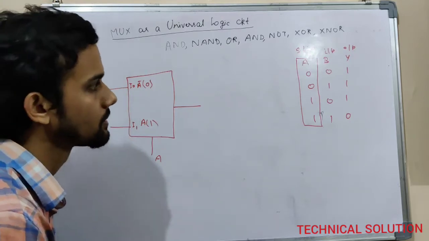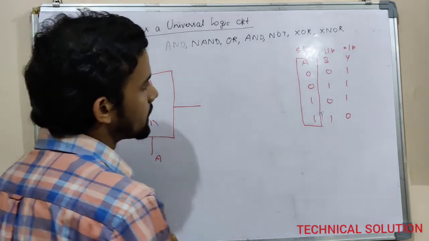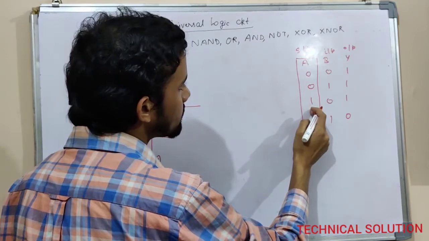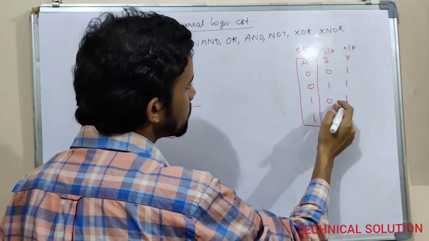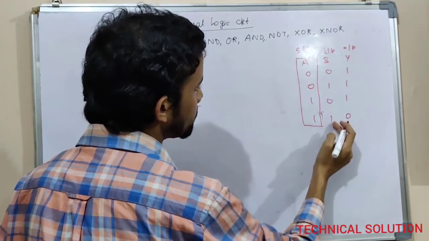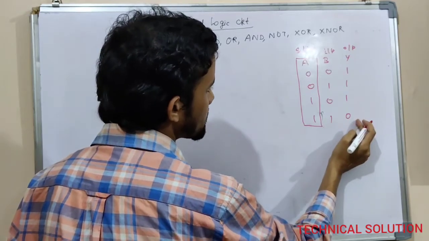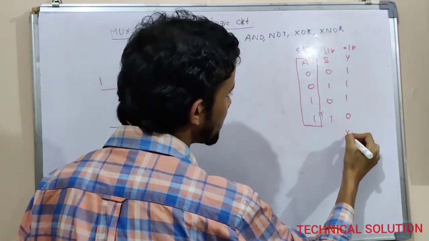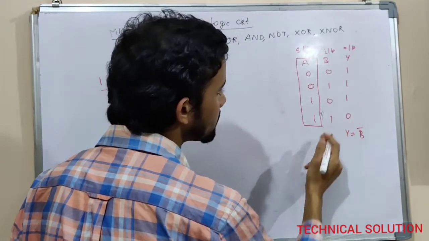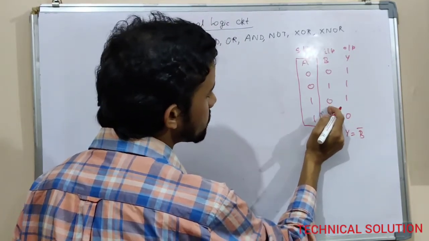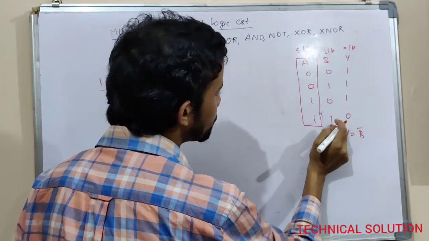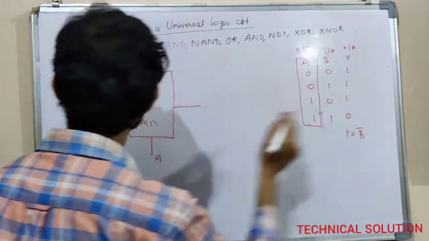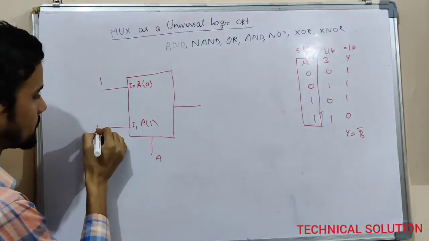Next, if the selection line is 1 and input is 0, we get output as 1. If input is 1, we get output as 0. That means we get output y equal to B complement. So this line corresponds to B bar.